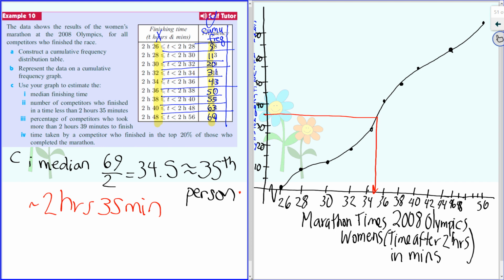Okay, let's do it. Number 2, the number of competitors who finished in a time less than 2 hours and 35 minutes. What percent would that be?